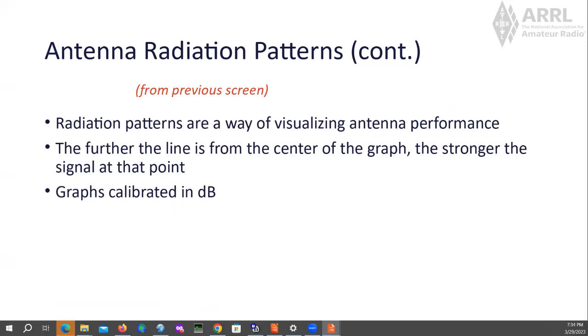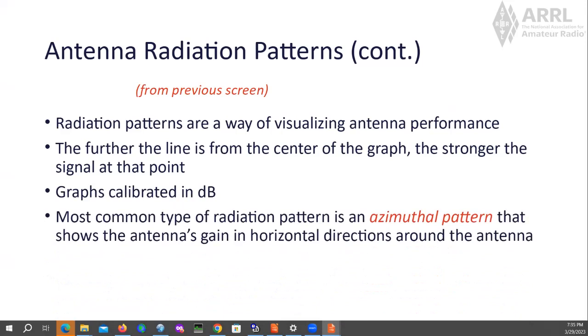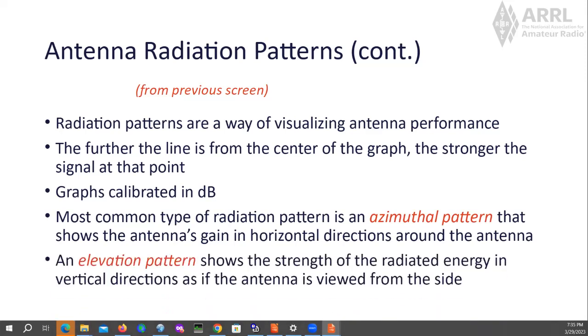Graphs are calibrated in decibels. The most common type of radiation pattern is an azimuthal pattern that shows the antenna's gain in horizontal directions around the antenna. An elevation pattern shows the strength of the radiated energy in vertical directions, as if the antenna is viewed from the side.